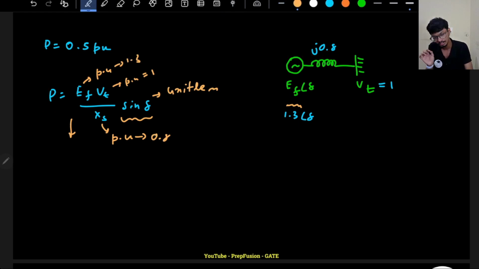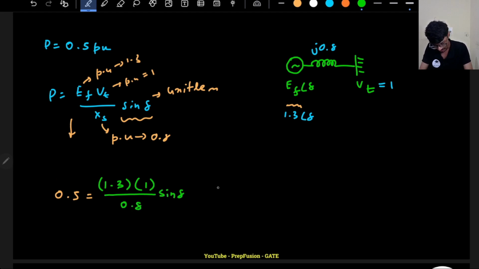So from here I can simply find out the load angle. Power in per unit is 0.5, which equals EF, which is 1.3, into Vt, that is 1, divided by XS, which is 0.8, and sine delta.